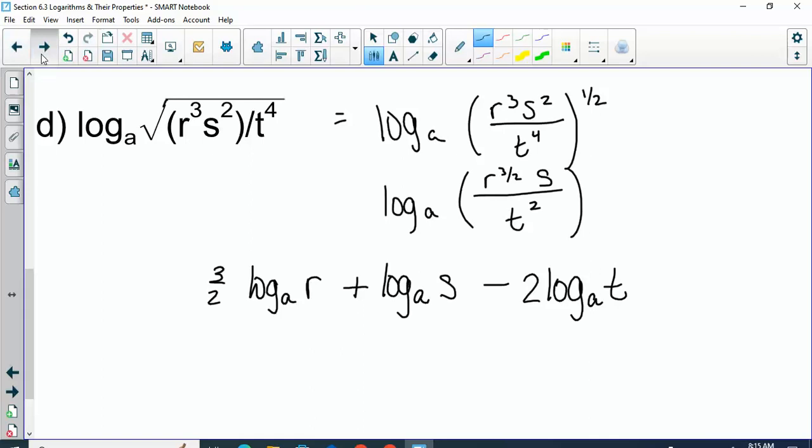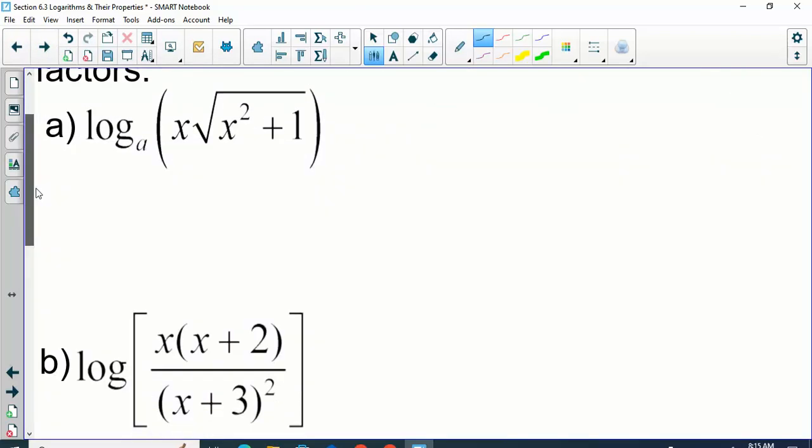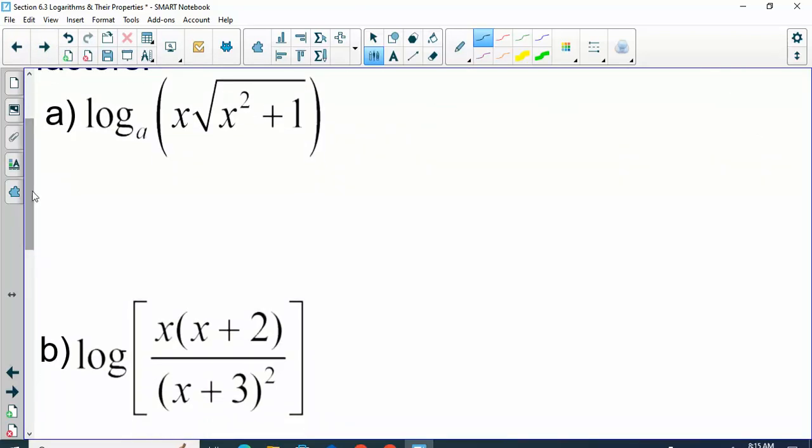So I want to keep expanding on these. Same directions. So keep in mind, this is like saying x times x squared plus 1 to the 1/2 power.